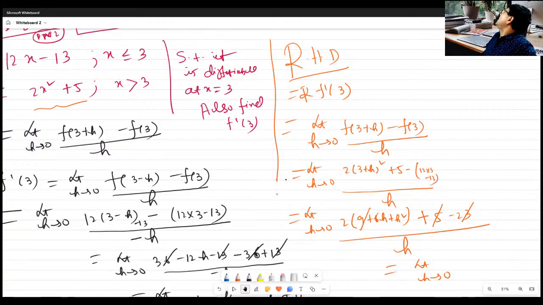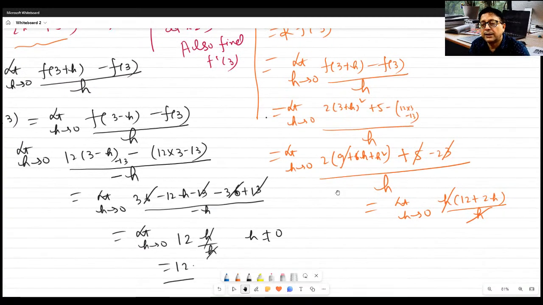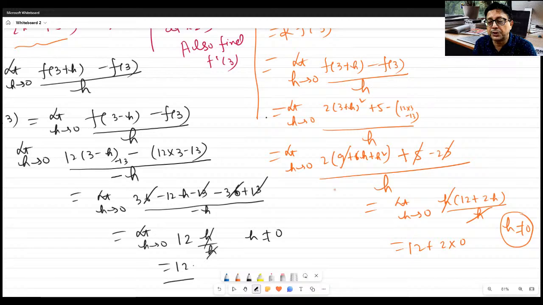It is going to be limit h tending to 0, take h as common, 12 plus 2h by h. Clear? h not equal to 0. So this is going to be 12 plus 2 into 0, value is 12. So what is your observation? That is 12, this is also 12. Clear? Understood?